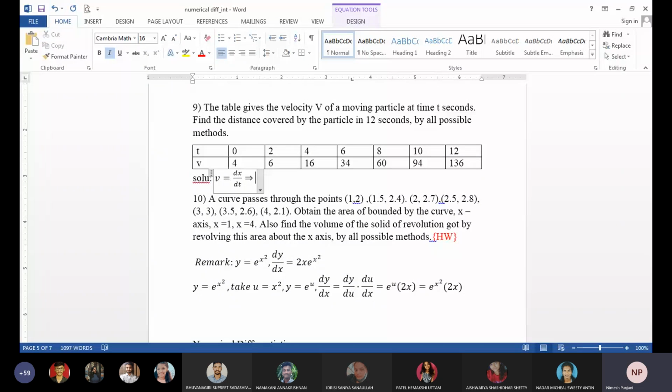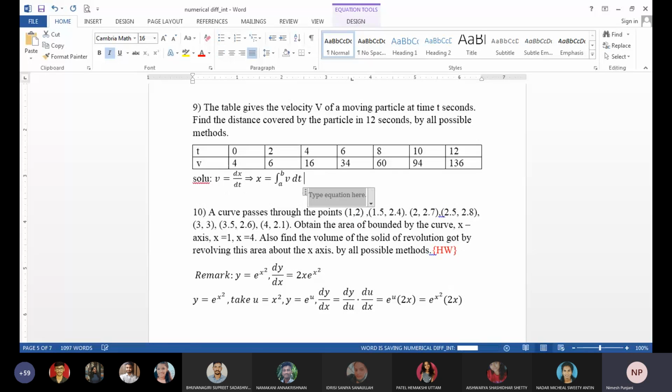So here we have to find x. So what will x be? Integration of v dt. To be more precise, x will be integration from a to b of v dt, because we have the formula v equals dx by dt, the rate of change of displacement with respect to time.